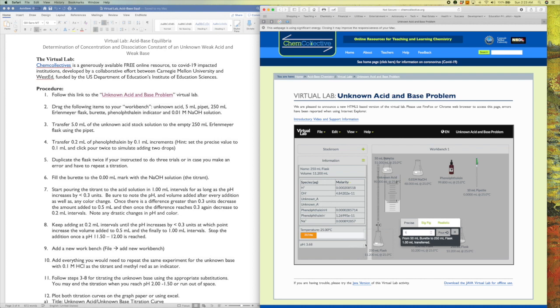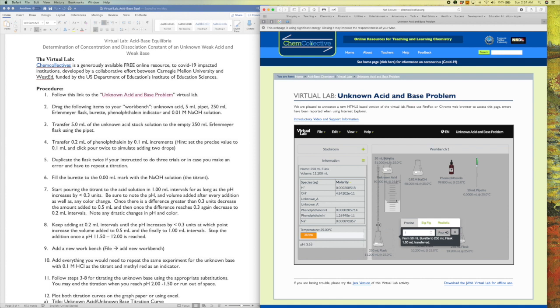And what you want is for each volume added to note the pH at that volume. What you also want to be careful with is you don't want the pH to increase by too large of increments, meaning that you really want the increments that the pH increases by to be less than 0.3.